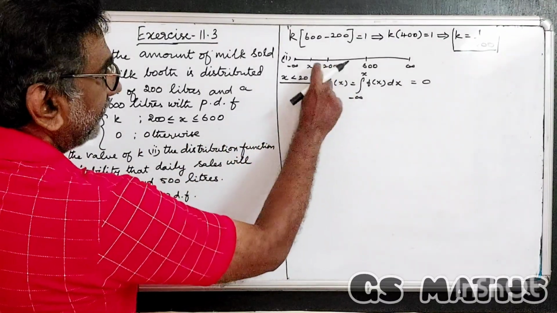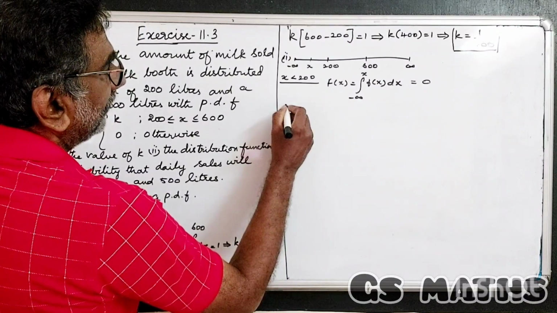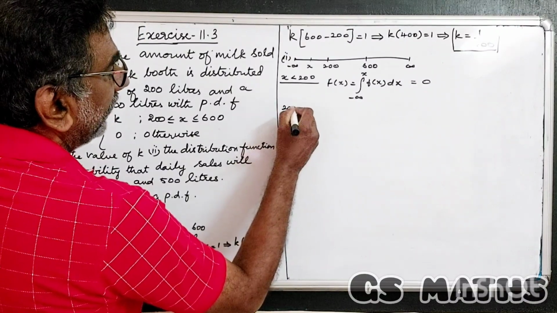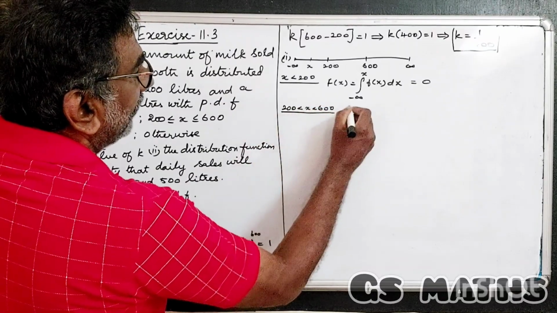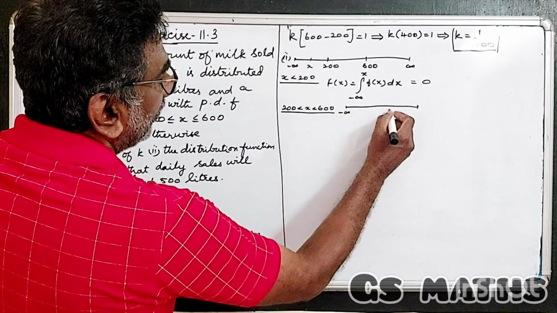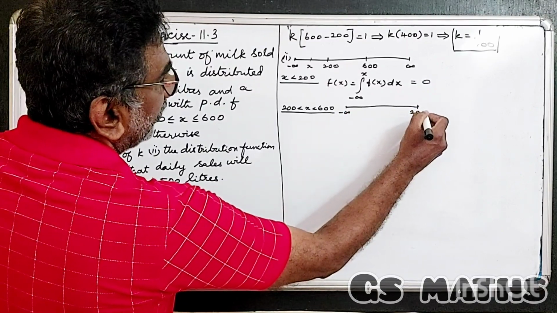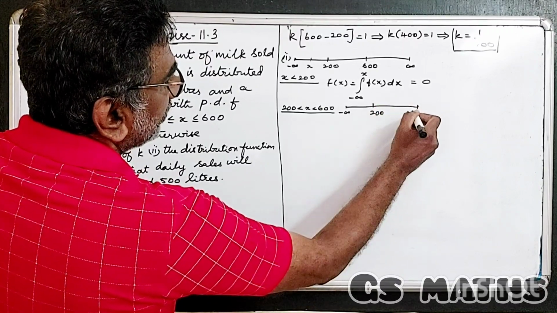Now let us take x to be in the second interval. Then you have to take x as 200 less than x less than 600. If you draw the number line, it will be clear. Minus infinity, here it is 200, and this is 600.